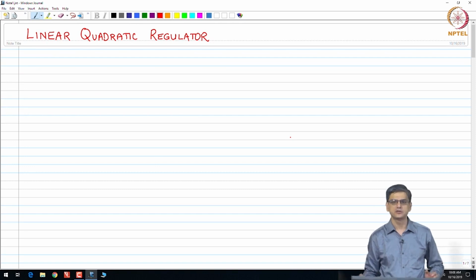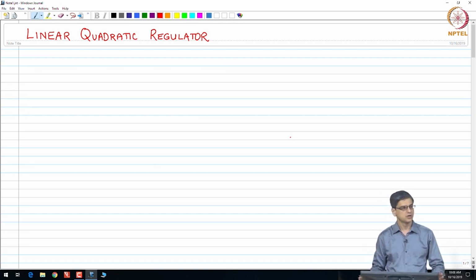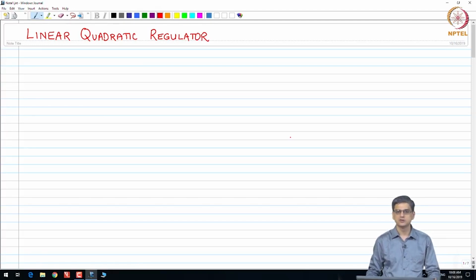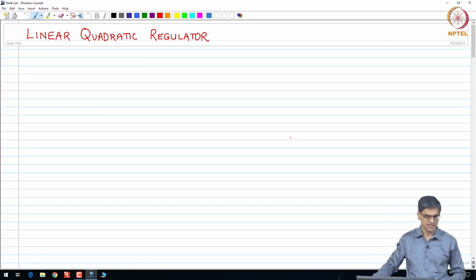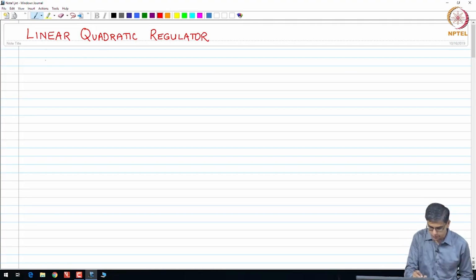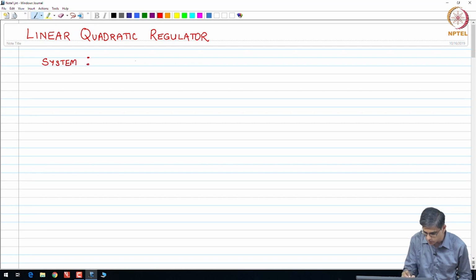In yesterday's lecture we talked about a linear controller where u_k was given as minus L of x_k, right. So, we have the system or the model, which is x_{k+1}.